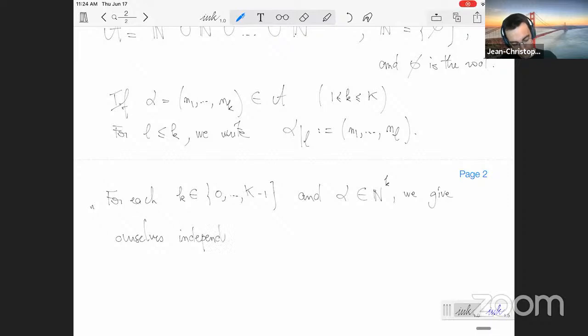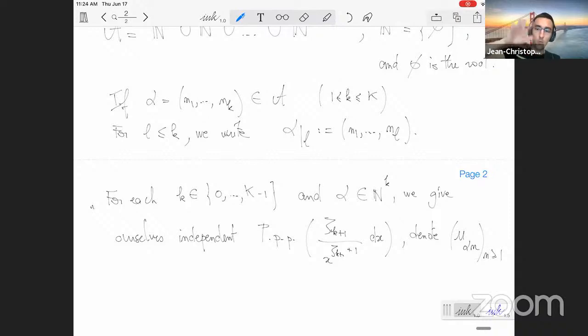Independent Poisson point processes of intensity zeta_{k+1} over x to the zeta_{k+1} plus 1 dx. And we're going to denote it U_alpha n, where n varies from 1 to infinity.